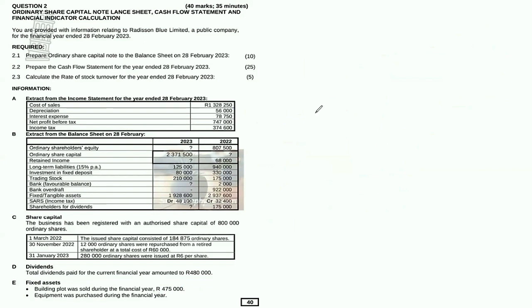So now we move to our financing activity. So it's cash effect from financing activities. What is financing accounting? Number one, it's shares.